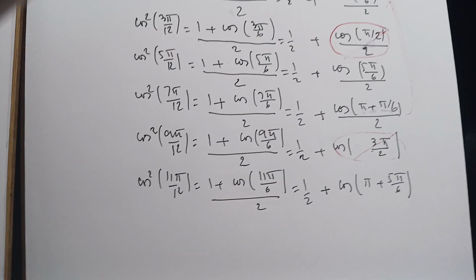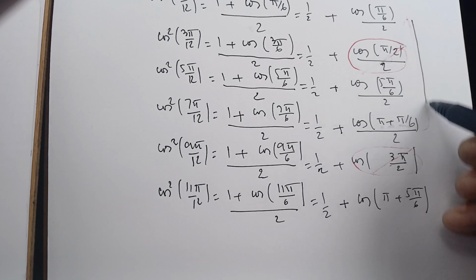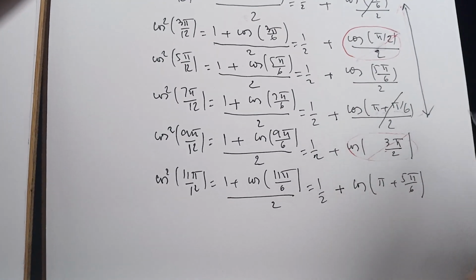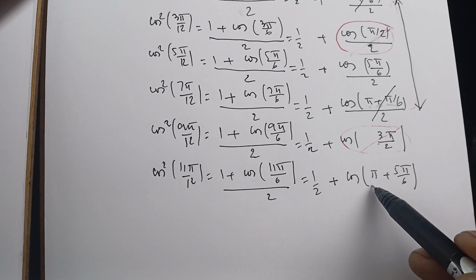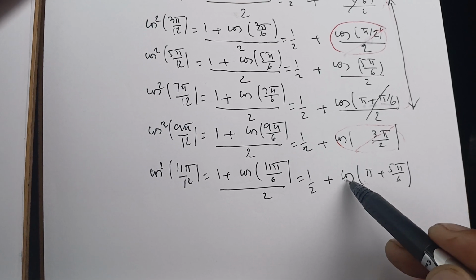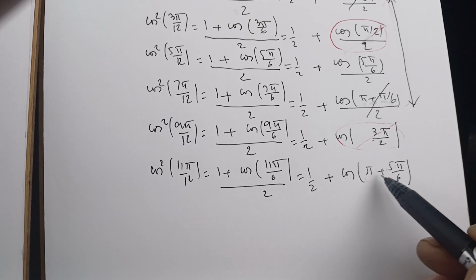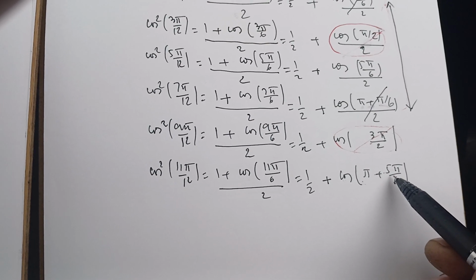That's why I stopped, because I had to think about how to write it better to make it easier. And finally, the cosine of pi plus 5 pi over 6 is going to be minus the cosine of 5 pi over 6.